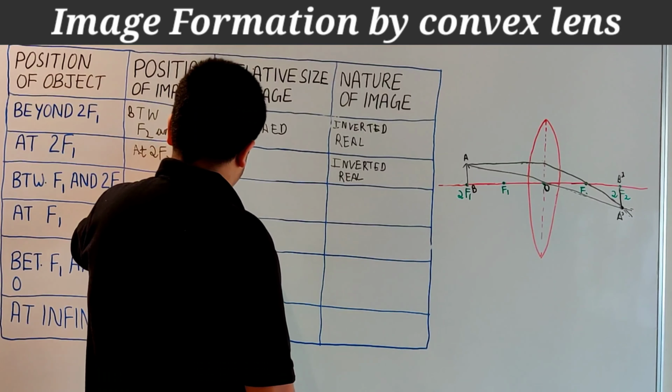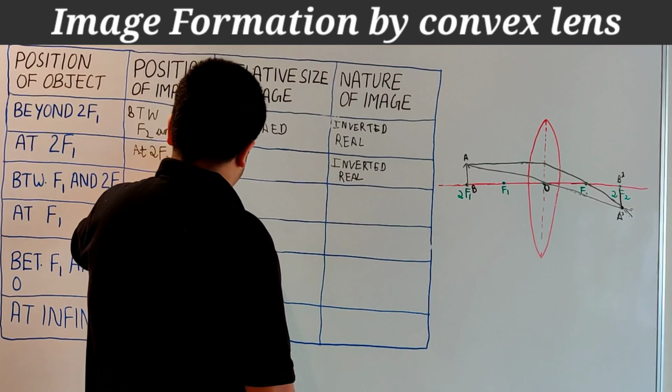Now let's discuss the third case in which the position of object is between F1 and 2F1. So let's take the position of object between 2F1 and F1. Here is our object A. Now using the first rule, incident ray is parallel to principal axis and refracted ray passes through the focus. Using the second rule, the optical center rule, we get the second ray.